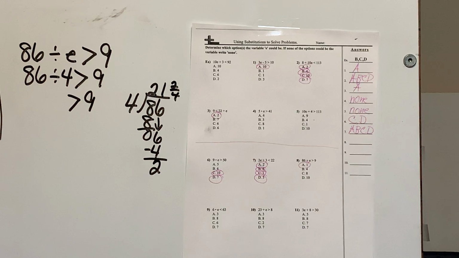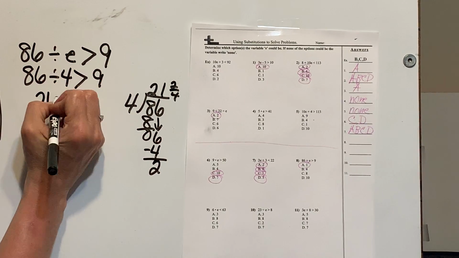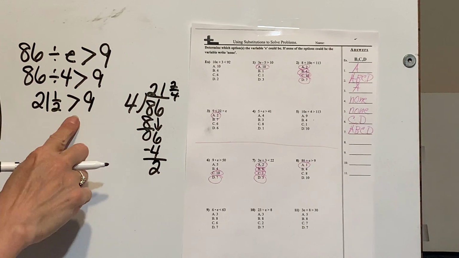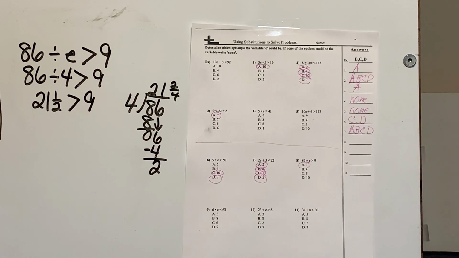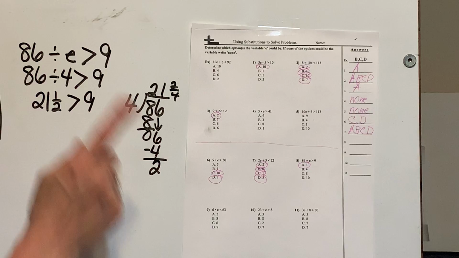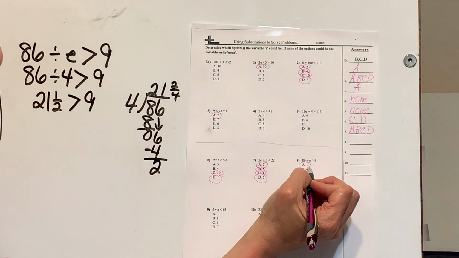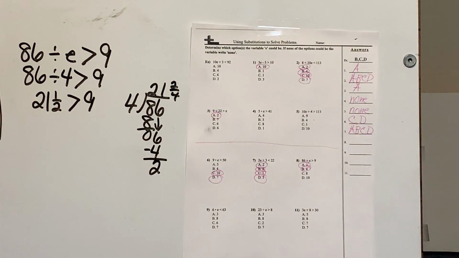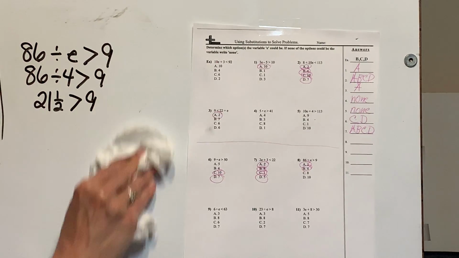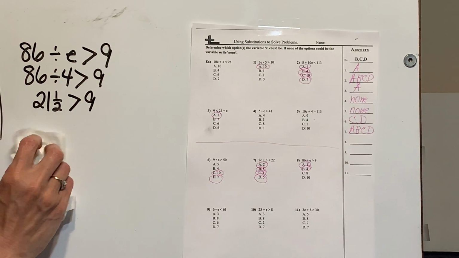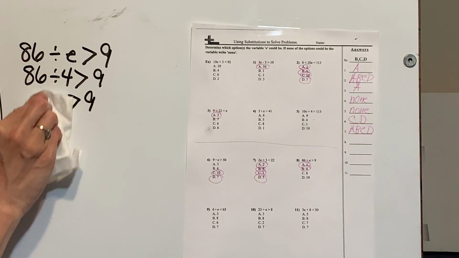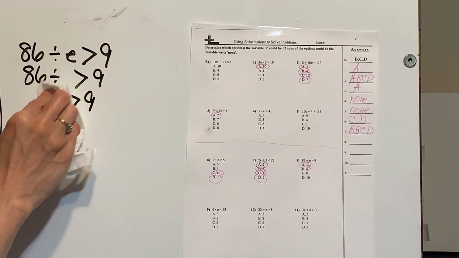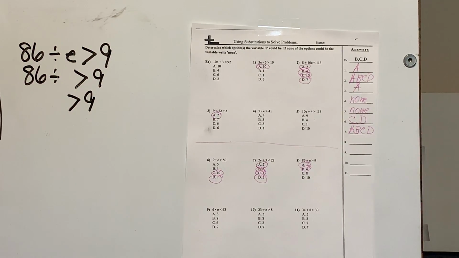So remember, 2 fourths and 1 half is the same thing. So this would be 21 and a half. 21.5 is greater than 9, so 4 would work. All right, see, I had to write some things out to the side, and that's all right. But if I didn't do that, then I wouldn't be certain of the answer.